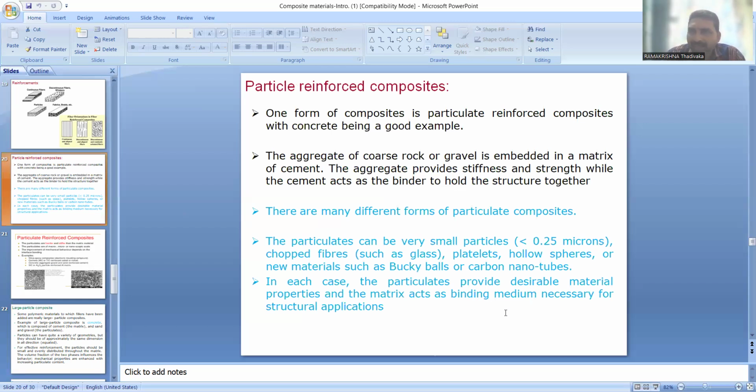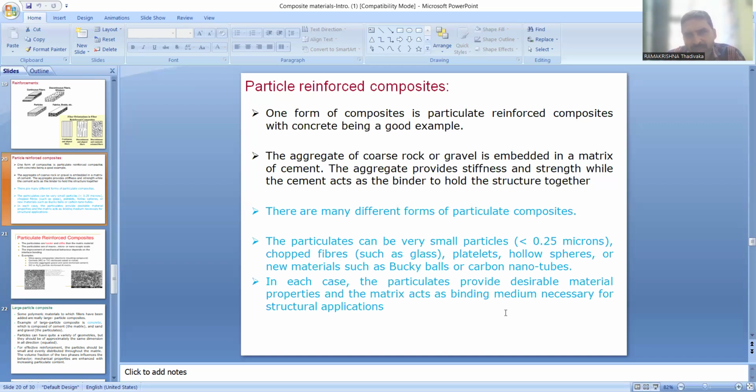What do you know about particle reinforced composites? One form of composite is the particulate reinforced composites, concrete being a good example. Okay, the aggregate, of course rock or gravel, is embedded in a matrix of cement. Okay, that cement is the matrix.